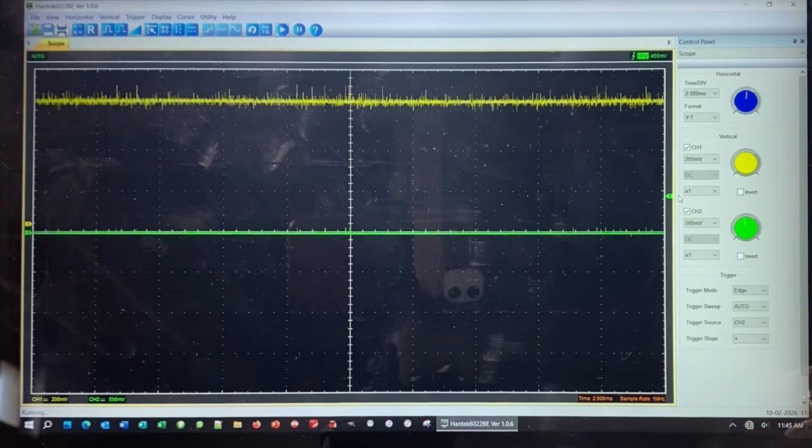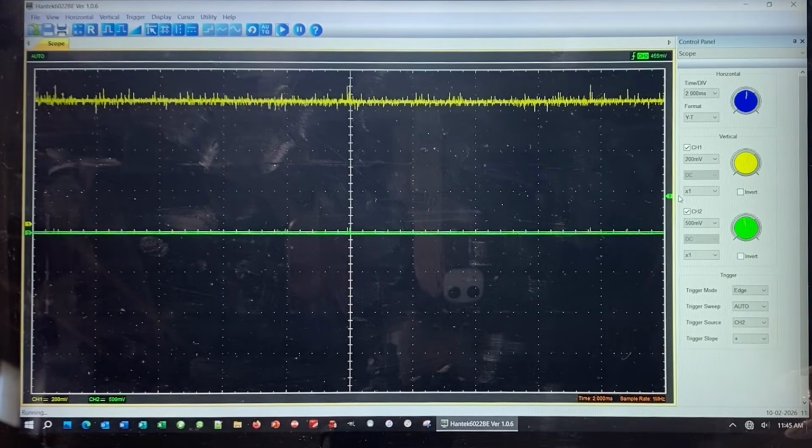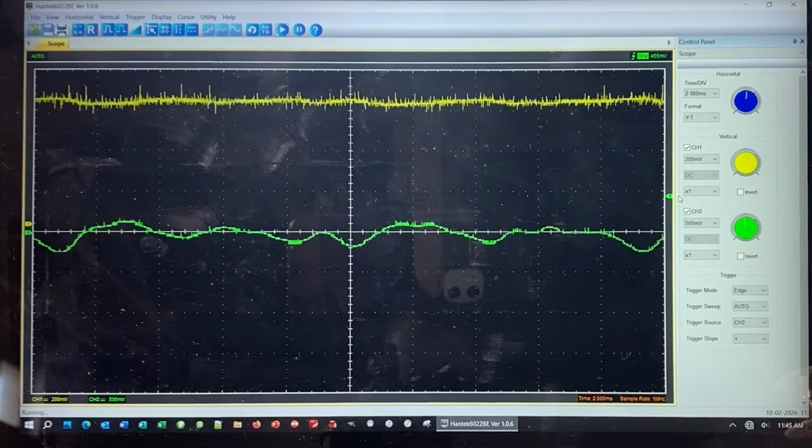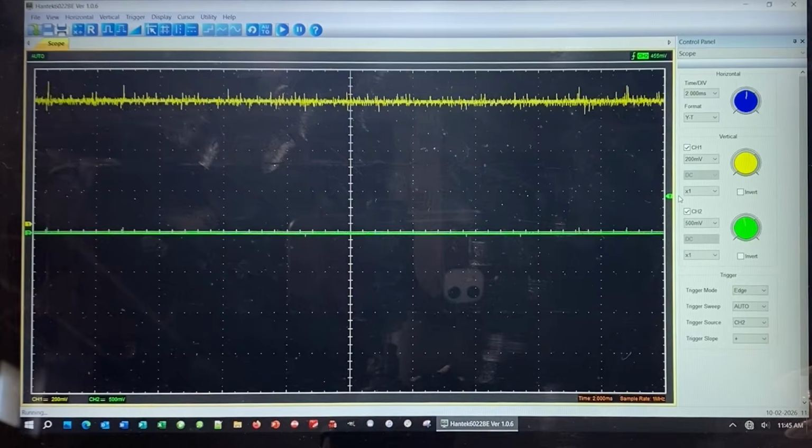So it sounds pretty mellow. I can't say it would sound like a tube, but it doesn't sound bad. There is a tendency, if I overload it too much, it gets really ratty really fast.